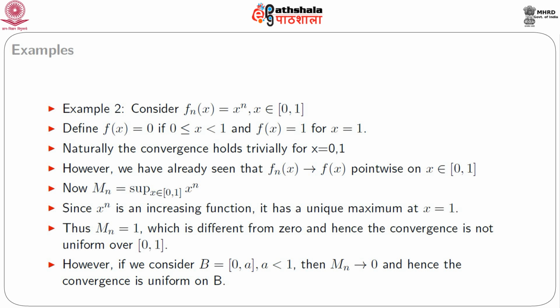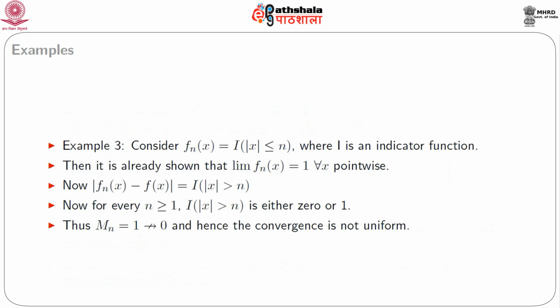Next, consider our already discussed example, that is fn(x) is the indicator of absolute value of x less than or equal to n. It is already seen that the pointwise limit is 1 for every x. However, the absolute value of fn(x) minus f(x) comes out as the indicator of absolute value of x exceeding n.